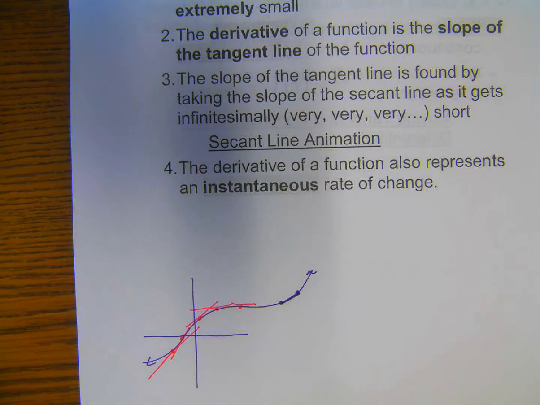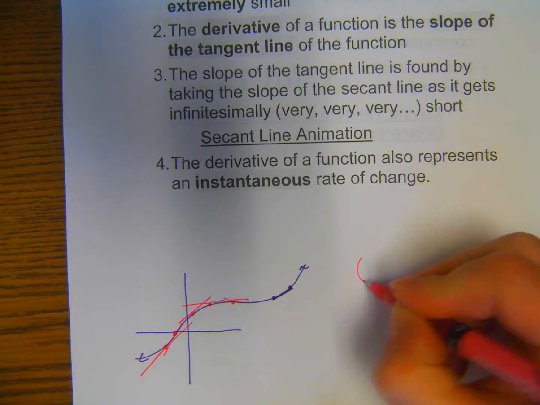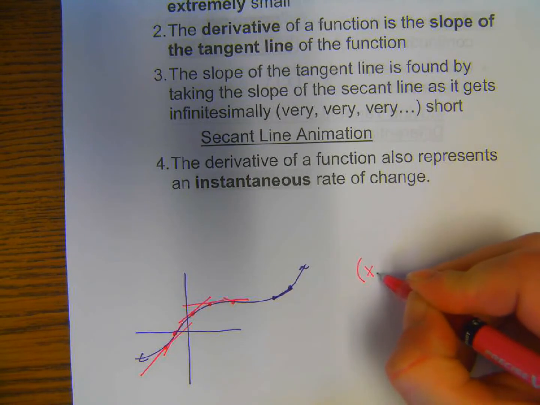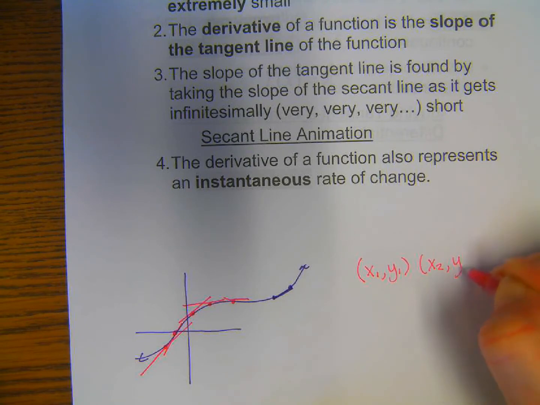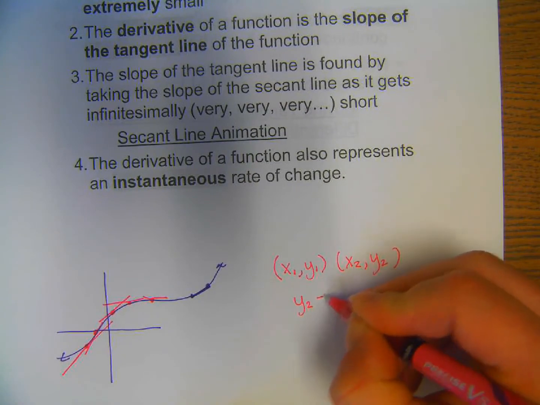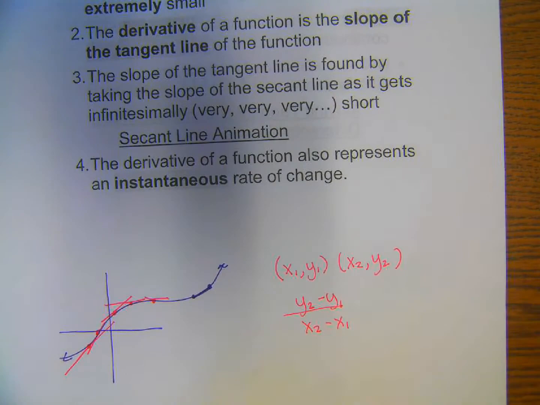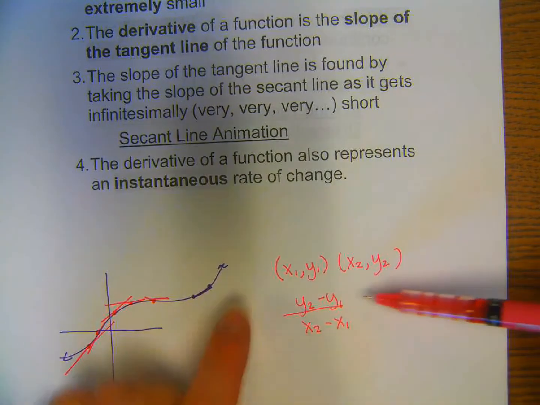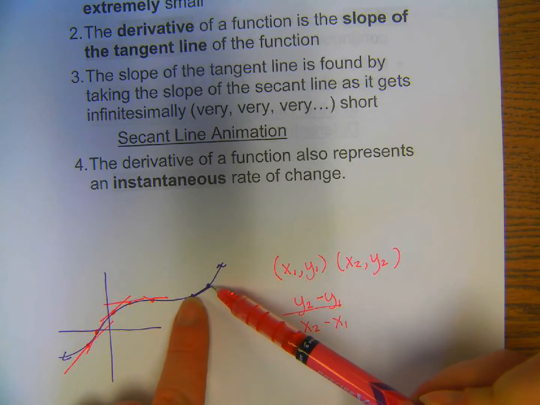The slope of the tangent line is at 1 point, and so here we come across a problem. Normally the formula for slope for two ordered pairs is y2 minus y1 over x2 minus x1. So you subtract the y's, and see how I have 2 points to do that.